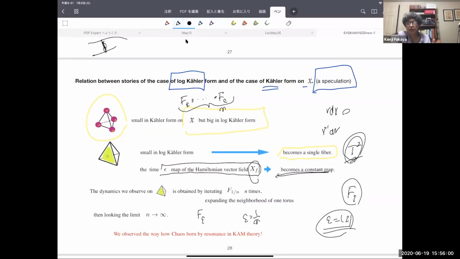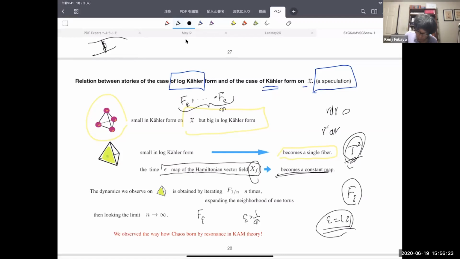But there are some tori which are destroyed, and which tori are destroyed is known in KAM theory. It's destroyed by resonance. In the classical theory, there is something called a small denominator, and the small denominator in physics language is related to this resonance.